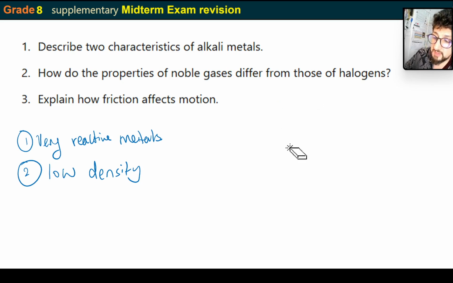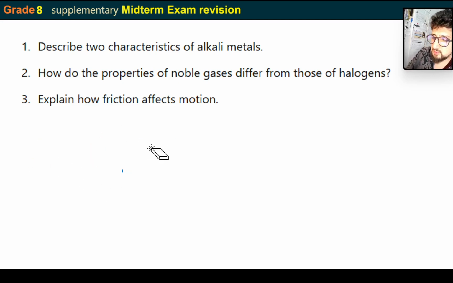Anyway, all of them have one valence electron, which means they only have one electron on the outside, which makes them highly reactive because they really want to satisfy the octet rule, which means they want to have a complete outer shell, and they just have the one electron to get rid of, so that's why they're very, very reactive. How do properties of noble gases differ from those of halogens? Well, once again, noble gases have complete outer shells.